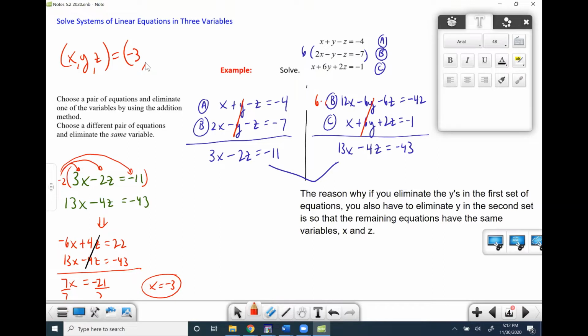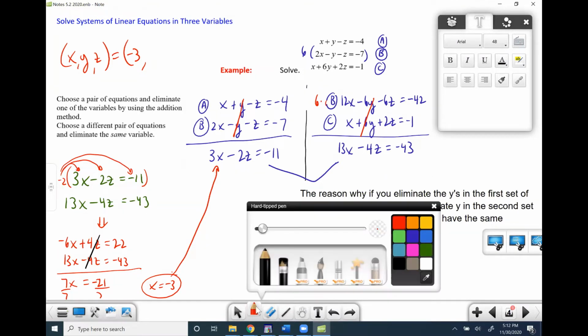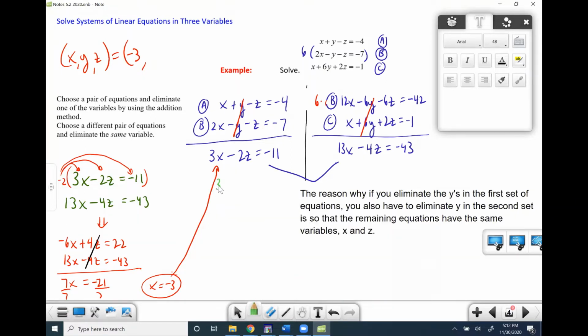So take them back to your favorite. Either here, not at the beginning. It's either here or here. So I'm thinking that I'd like to plug them into that first one. That one looks simpler to me. So we're going to go ahead and say x is really negative 3. So negative 3 times 3, this is negative 9.